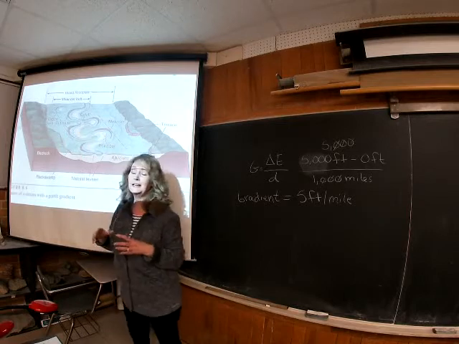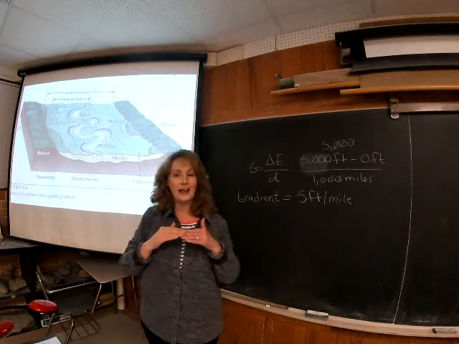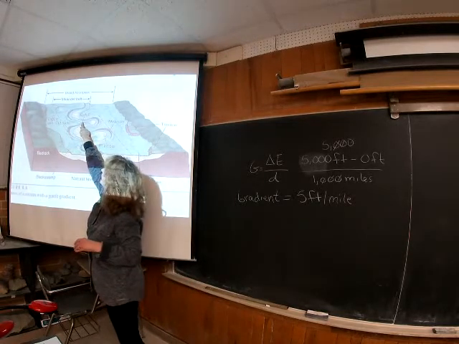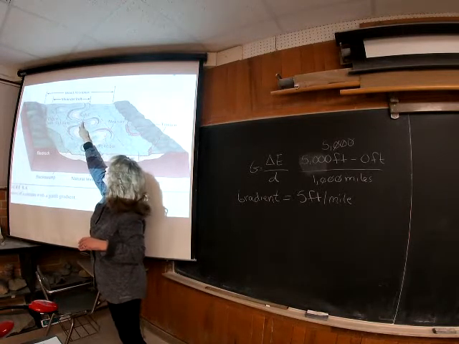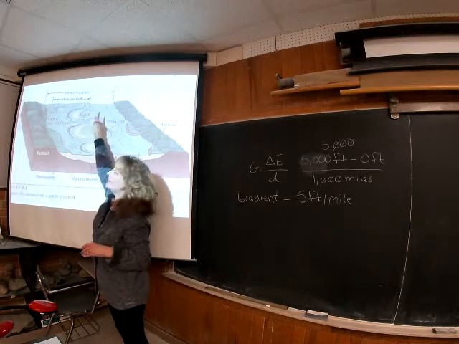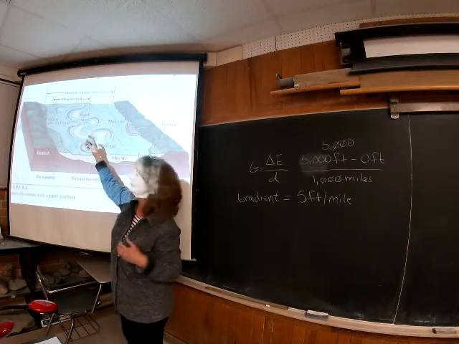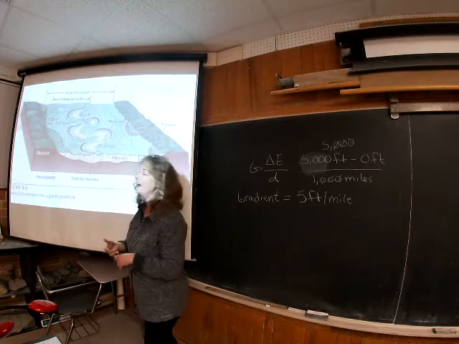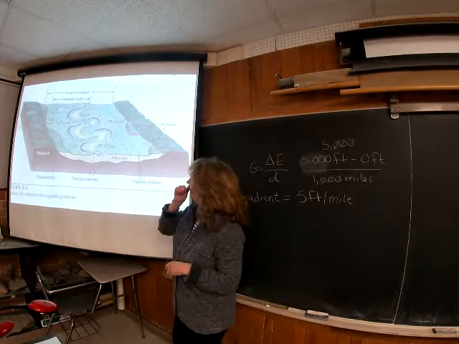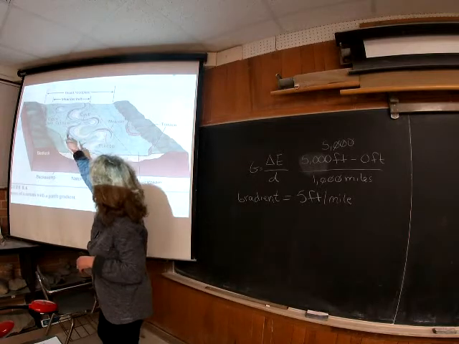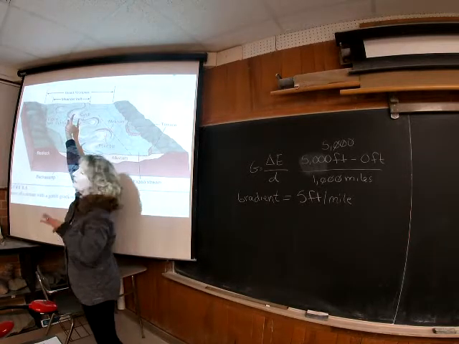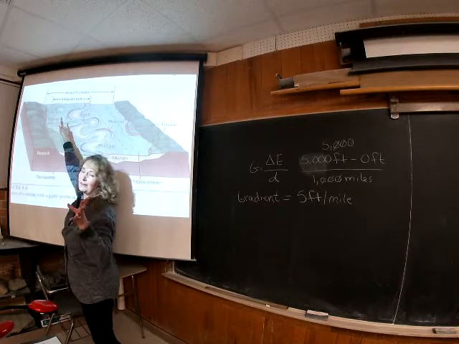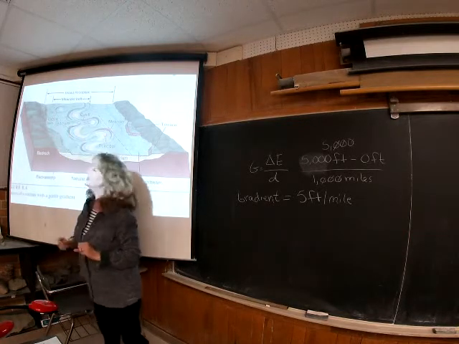Here we had enough deposition that the river decided it's easier to go straight through here rather than go around the loop, and so it's getting pinched off or cut off in that region.